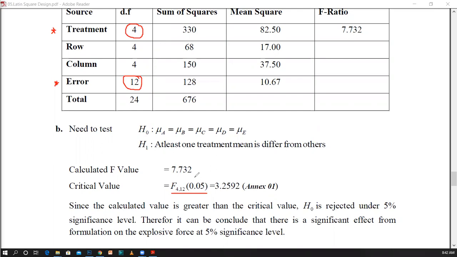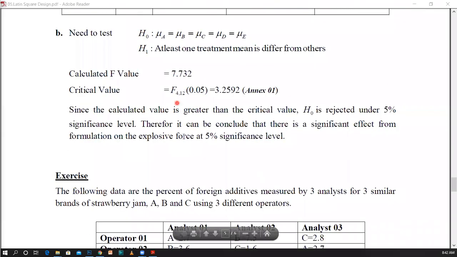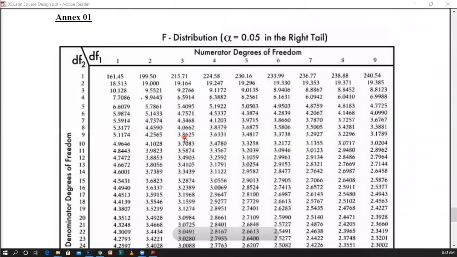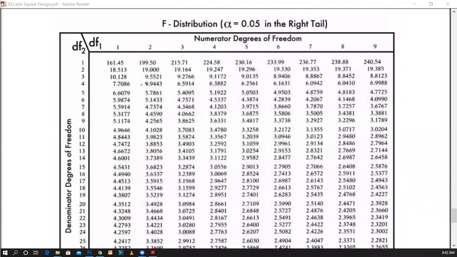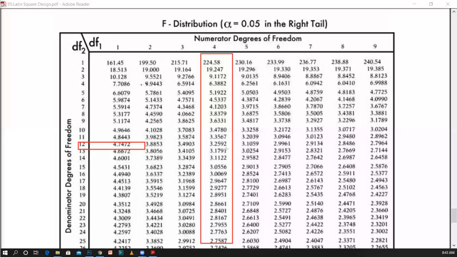This is the value of alpha, 0.05. Therefore, if you refer to annexure 1, which is our F table, we have to look up F 4, 12. If you see the appropriate column and row, here this is the value 4 we have, and here this is the value for 12.